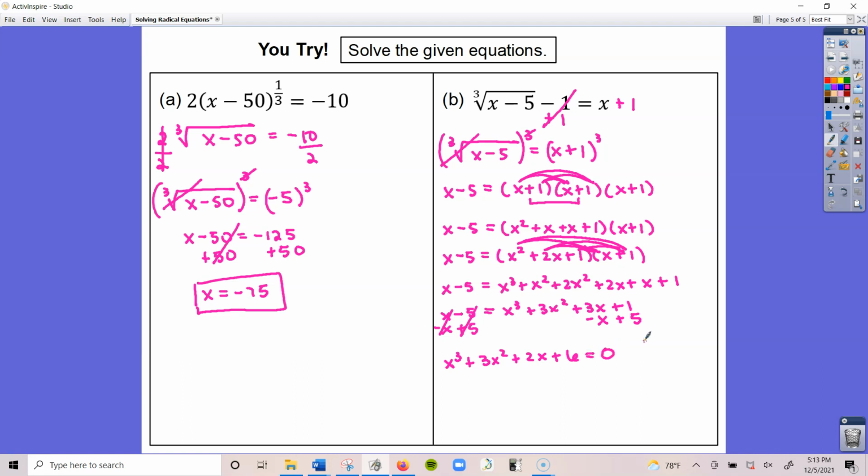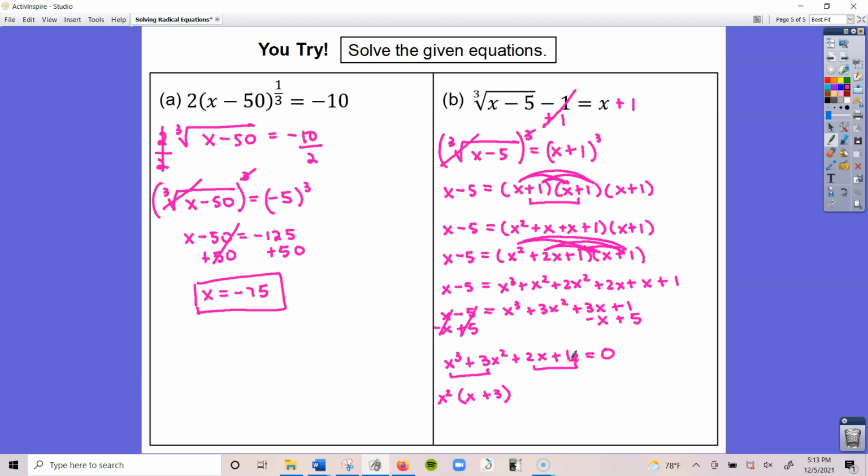When you have a cubic equation like this and you have 4 terms, the method of factoring here is to factor by grouping, meaning you gather the first 2 terms and the second 2 terms. And now you're going to factor out the greatest common factor from each of these groups. With x cubed plus 3x squared, both of these terms have an x squared in common. And when I take out the x squared from these terms, I'm left with x plus 3.